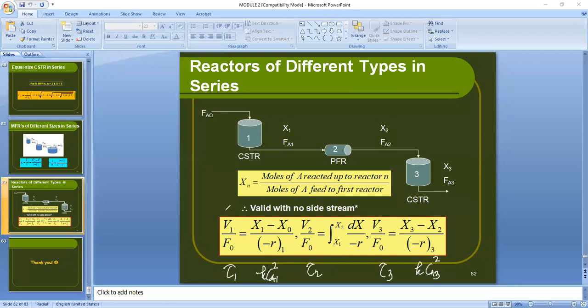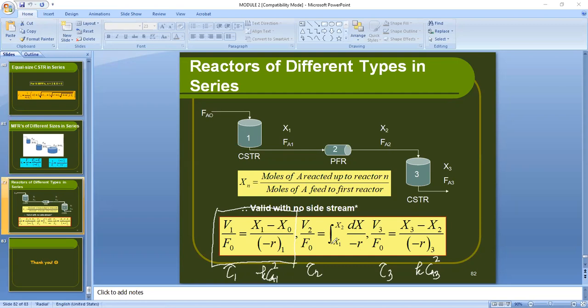This is how you should write the form. This is the form of the performance equation for this first reactor. This is for the second reactor, and this is for the third reactor. All in terms of space-time. Why? Because it measures how fast it is going to process given the degree of conversion.